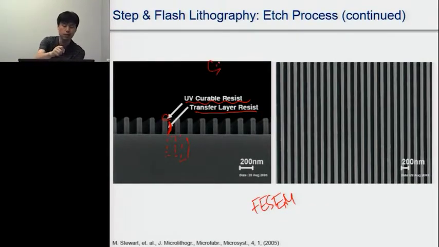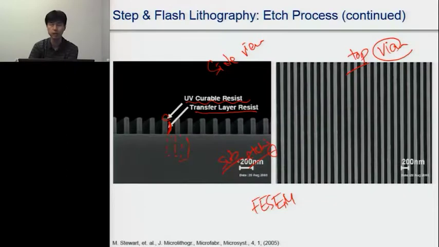This is a side view, and this is the top view. This is just before the substrate etching, so the substrate etching was not happening yet. Sorry about that. It is just right before the substrate etching.